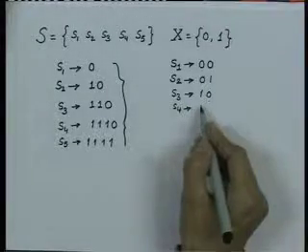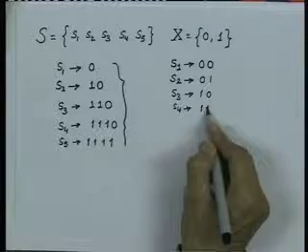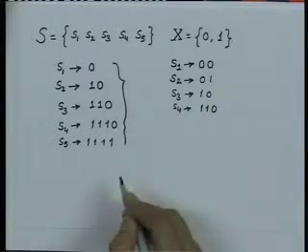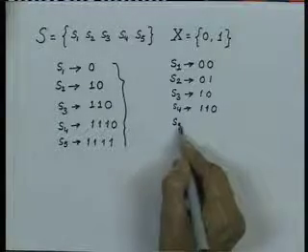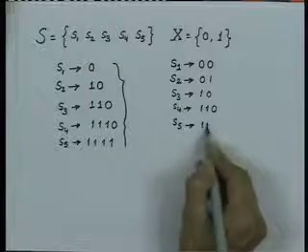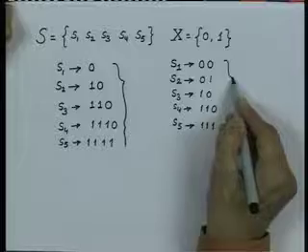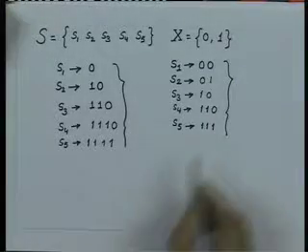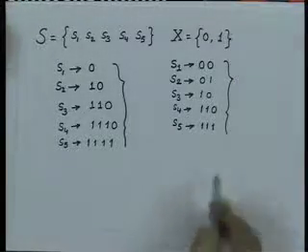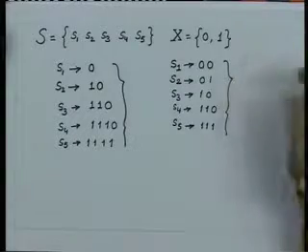So the only way for me to assign S4 is 1, 1, 0, and now for S5 I can assign 1, 1, 1. So this is another binary instantaneous code which I have generated.